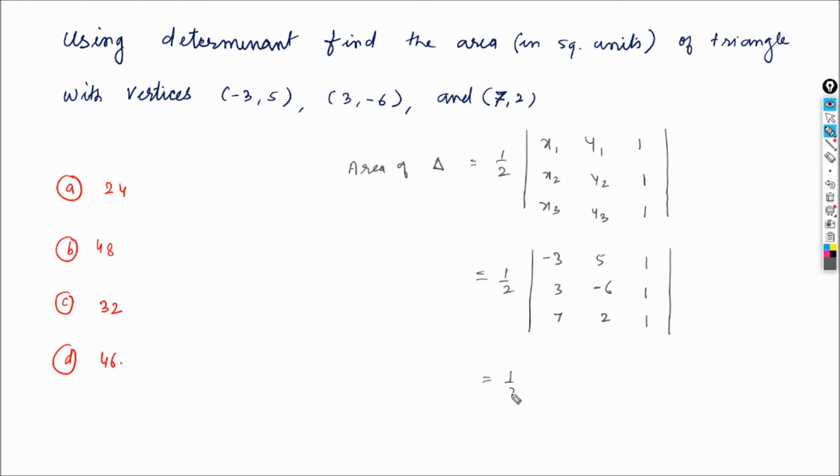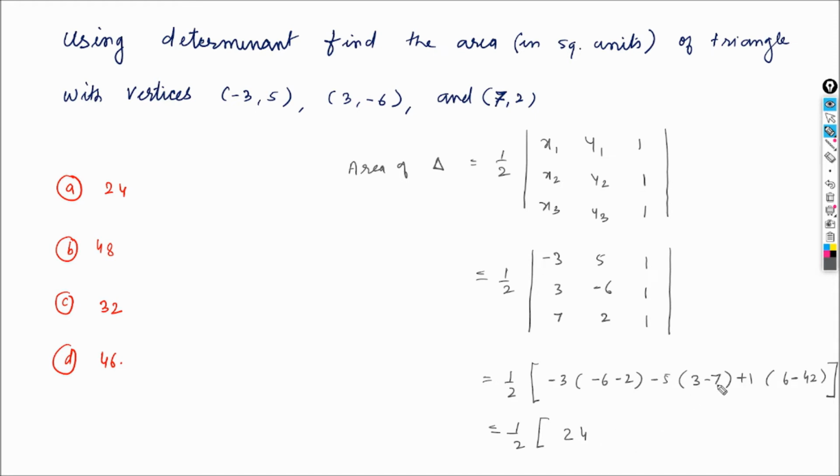So this is equal to 1 by 2 into minus 3 into minus 6 minus 2, minus 5 into 3 minus 7, plus 1 into 6 minus 42. So this is equal to 1 by 2 into minus 8 into minus 3, which is plus 24.